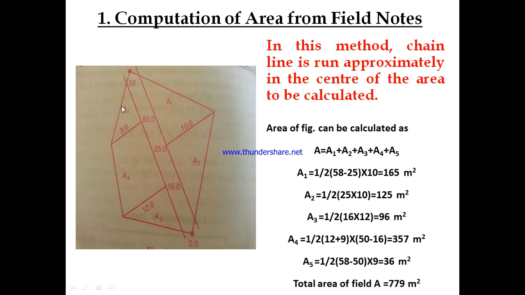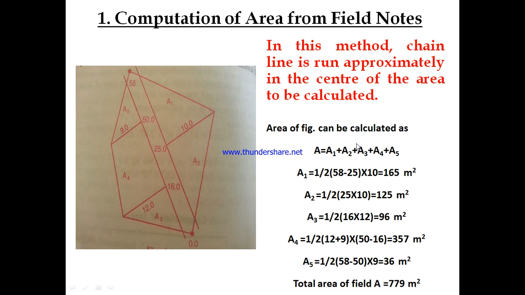So if we get such types of maps, what is the next step? We first try to divide the whole area into a number of zones or areas. Then one by one we calculate the area of each zone, which represents a similar geometrical figure.